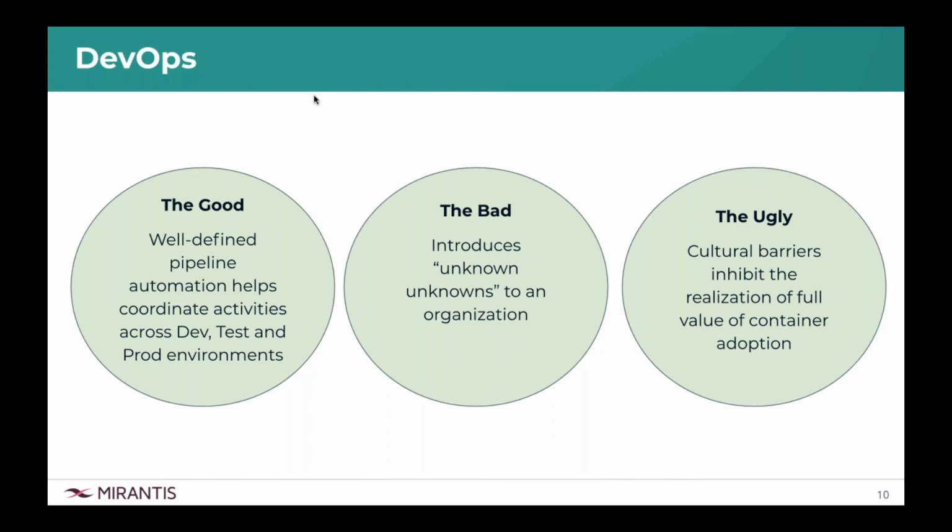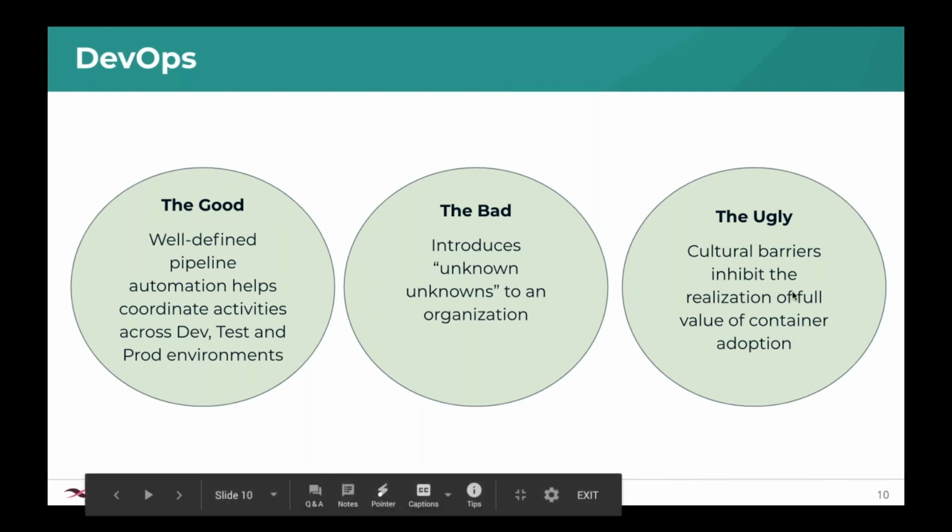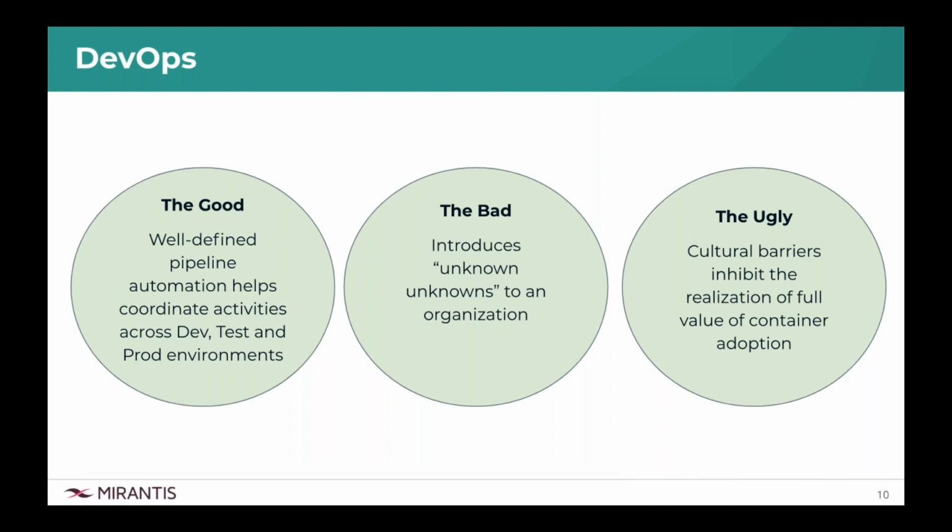Most of our customers at this point have pretty well-defined pipeline automation. They've got a good handle on pipeline automation. It's driving a consistent deliverable. It's predictable, and they're doing this throughout their dev, test, and production environments.